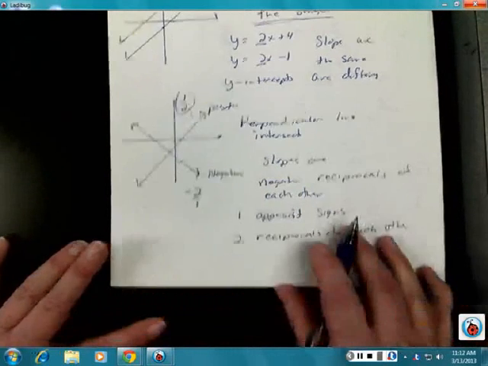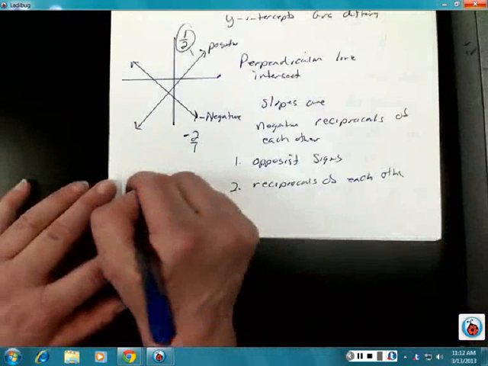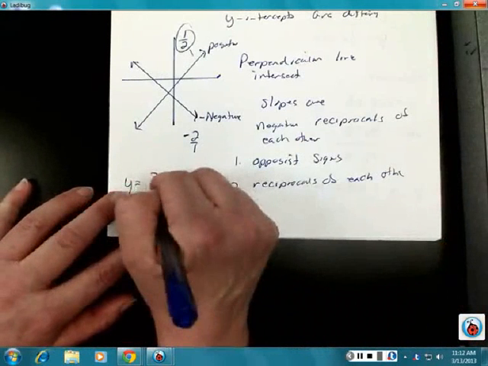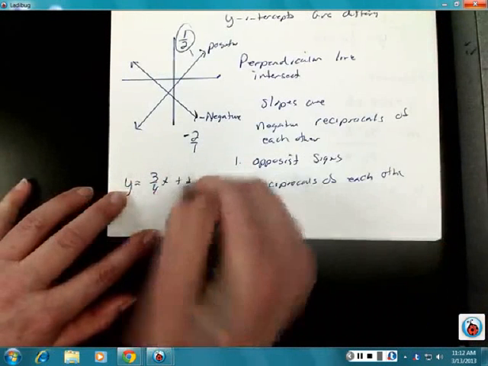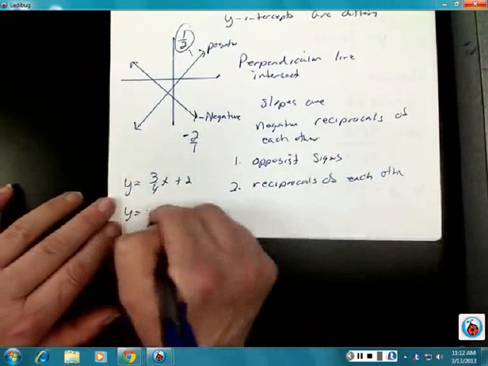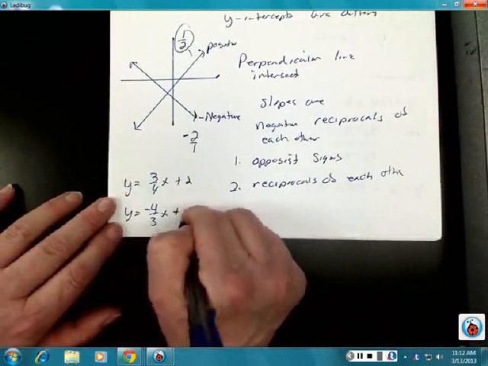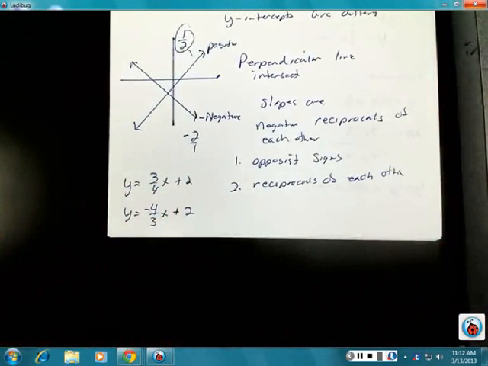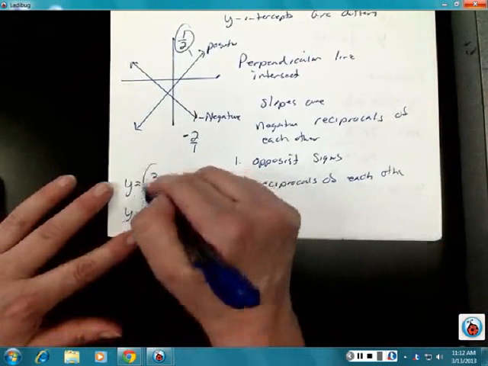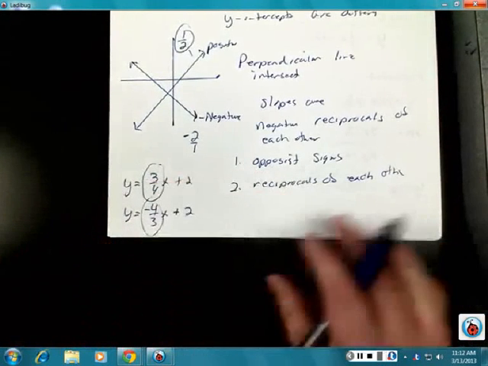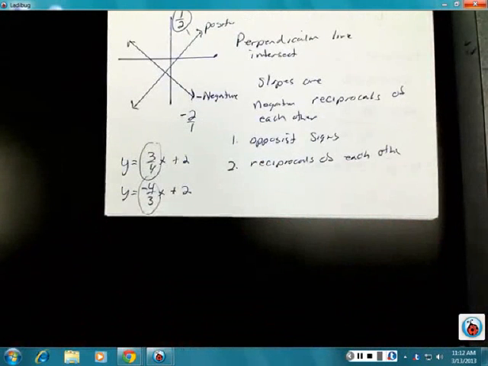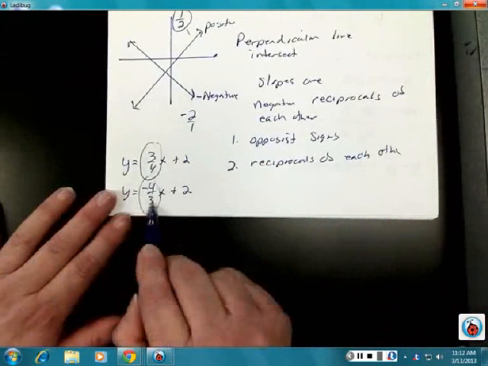So two equations of perpendicular lines might look like y equals 3/4 x plus 2, and y equals negative 4/3 x plus 2. Notice the slopes are opposites of each other. This one and this one are reciprocals. 3/4 turns to 4/3.